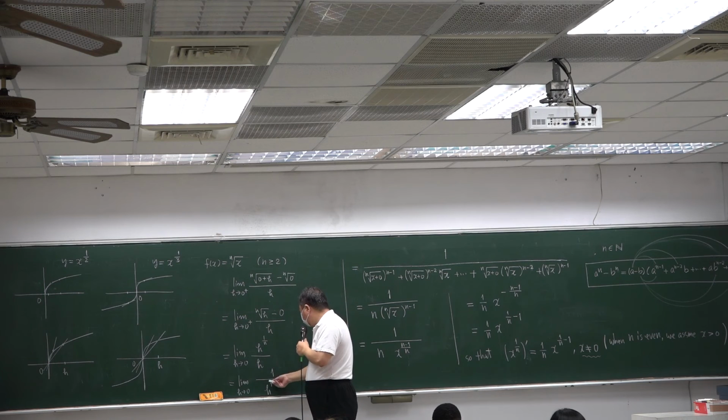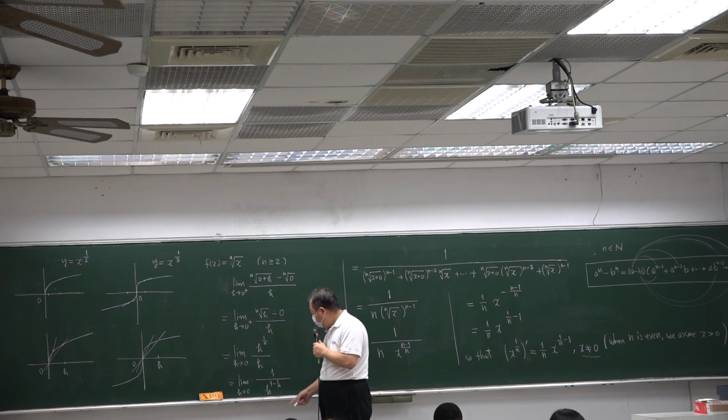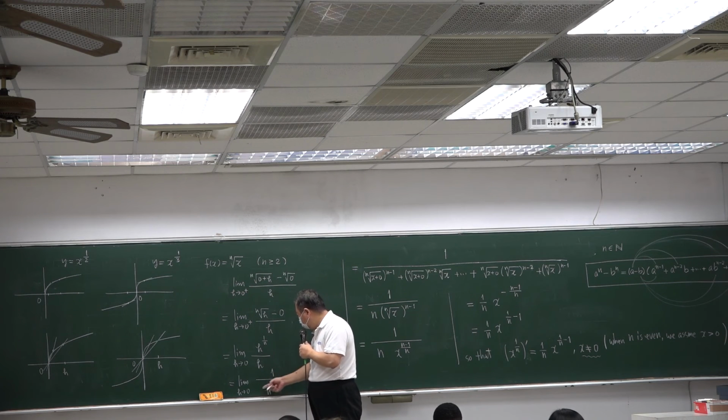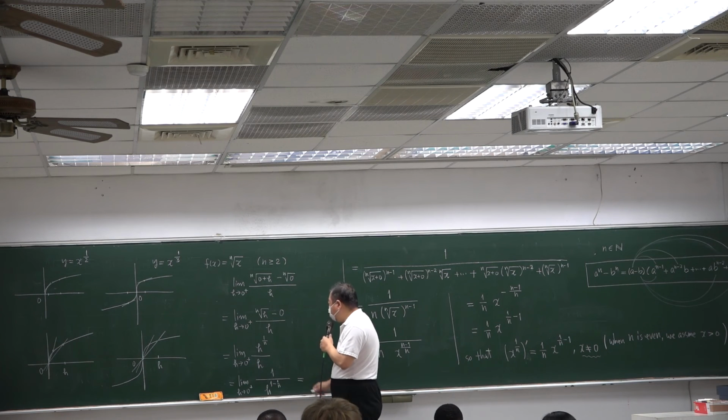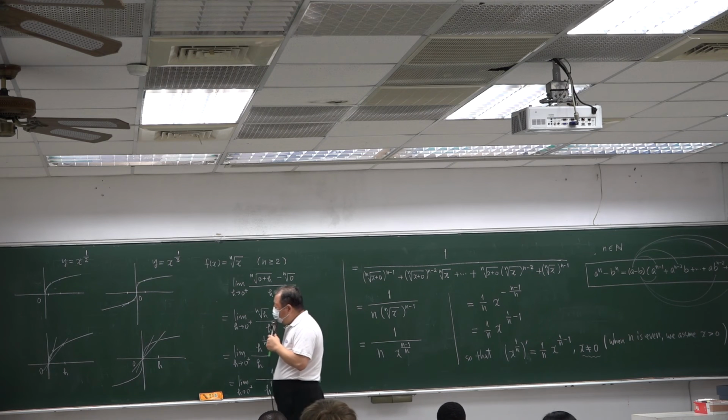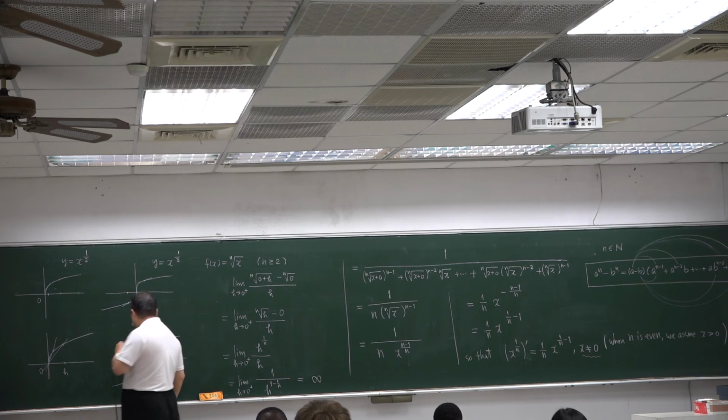Okay, so this is a positive number. And when h approaches 0, this also approaches 0 from the right. Because h is positive, this number is always defined. 1 over a positive number approaching 0. So this limit does not exist and is infinity. An infinite limit here.